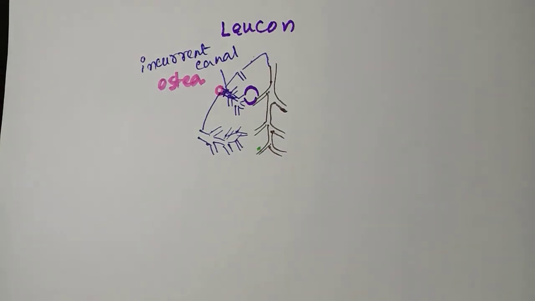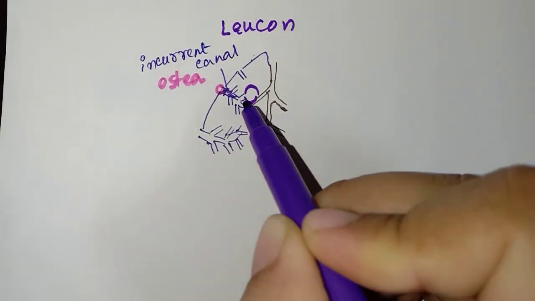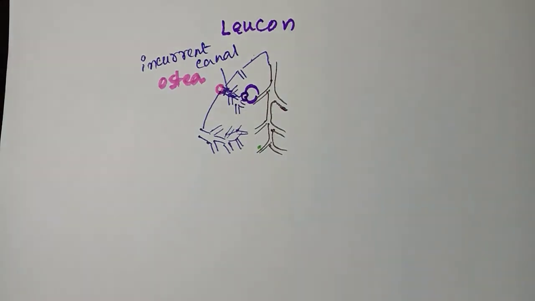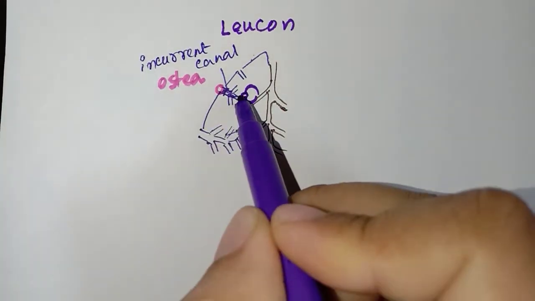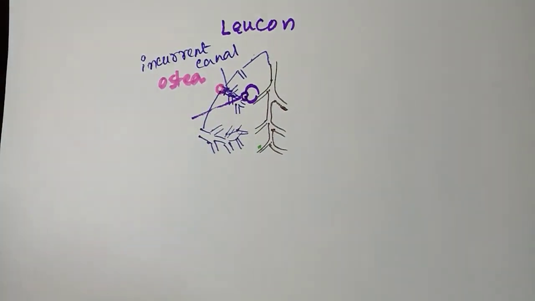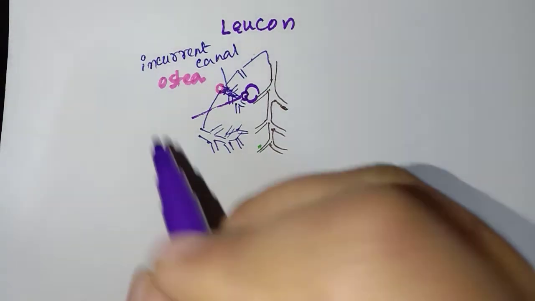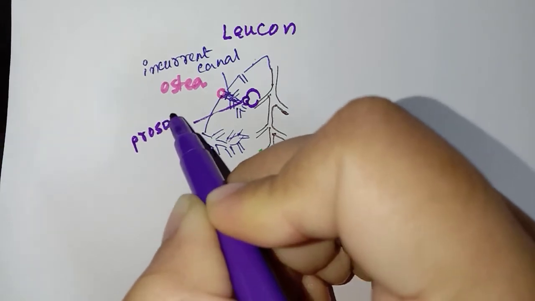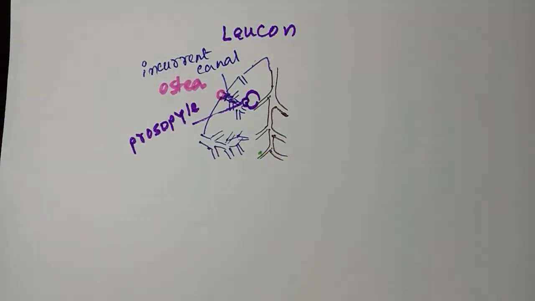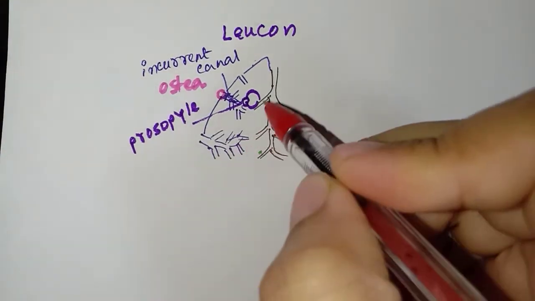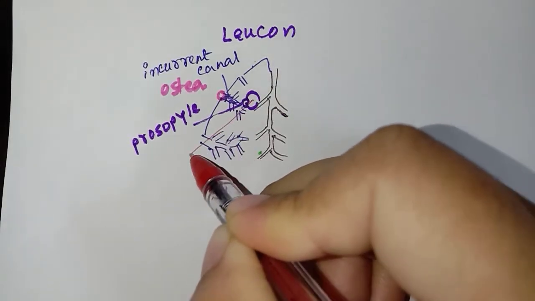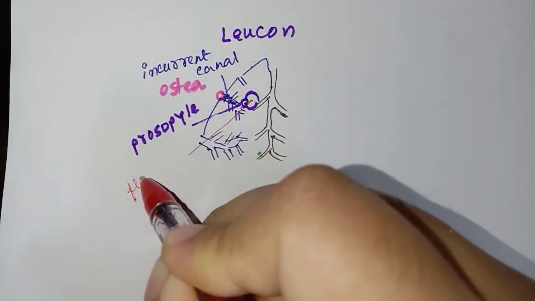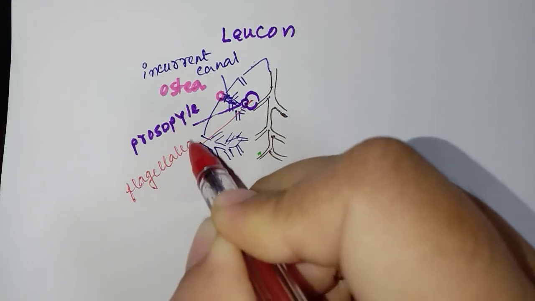But before entering into the flagellated chamber from the incurrent canal, there is another opening present. This opening is known as the prosopyle. With the help of this prosopyle, the water will enter into a chamber. That chamber is known as the flagellated chamber.